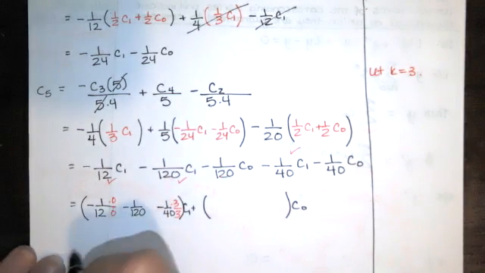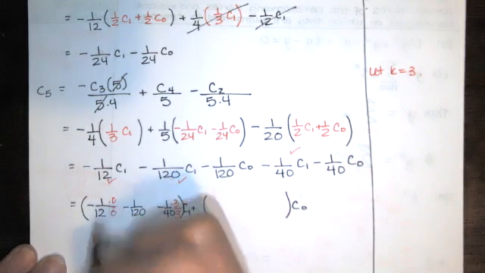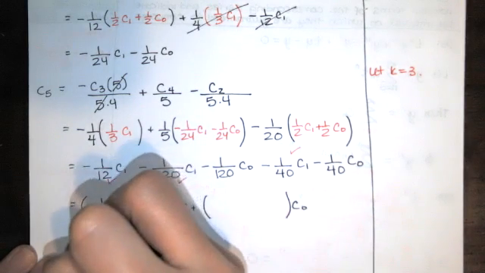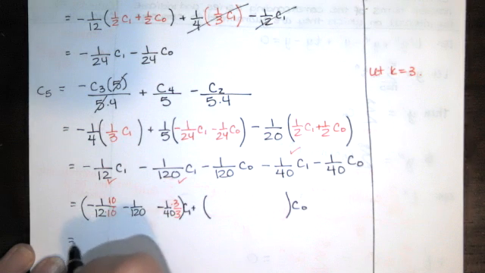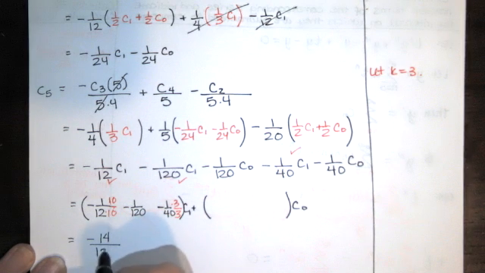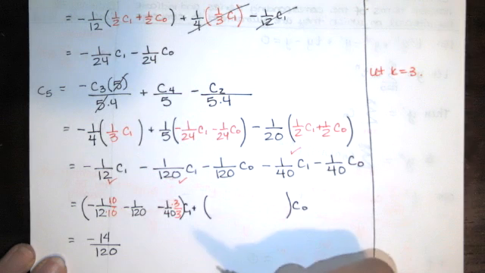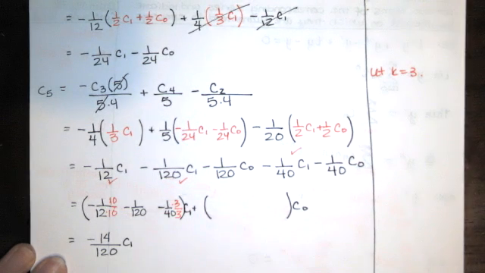So we end up with, I'm multiplying here by 10 over 10. So I've got negative 10 over 120 minus 1 over 120, so that's negative 11 over 120 minus 3, so negative 14 over 120 now times c sub 1.